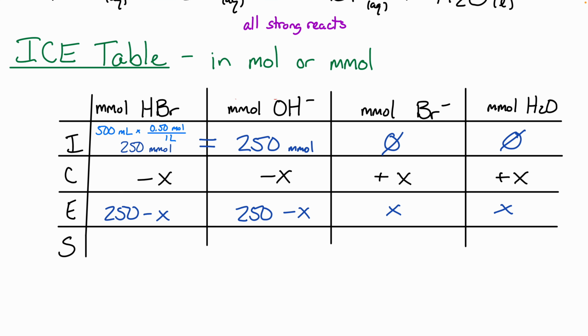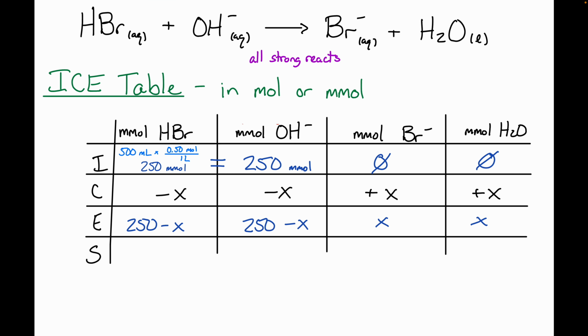Well, in this case, what's my limiting reactant? Both of them, right? Just by the definition of the equivalence point, they're present in the exact same quantities. So that means none of my strong acid or my strong base will be left over. My x value here is that 250.